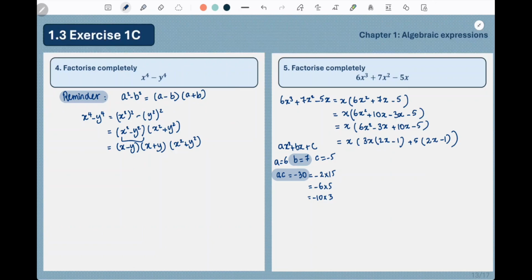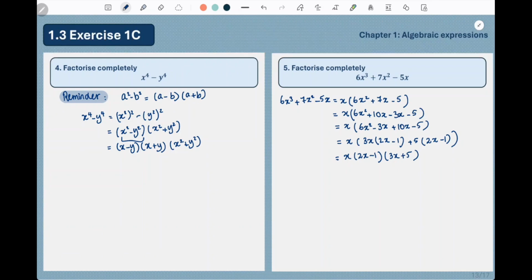See? Finally, we've got this. Now we've got 2x minus 1, so it's x times 2x minus 1, then 3x plus 5. Because they share this common factor, we're allowed to do this.